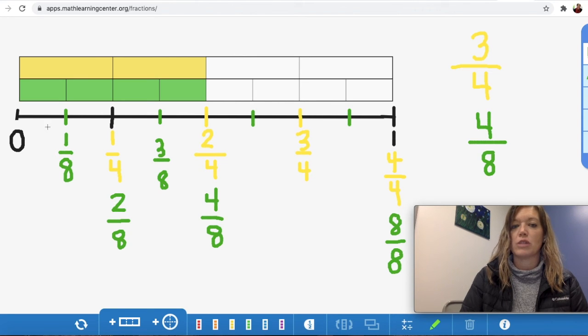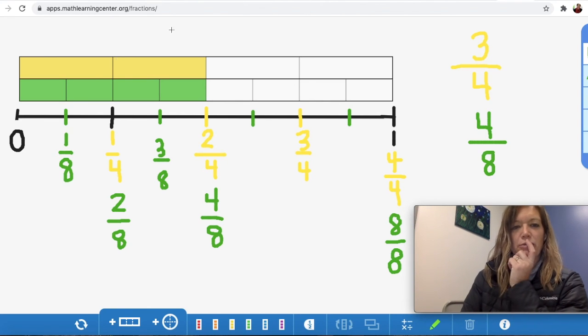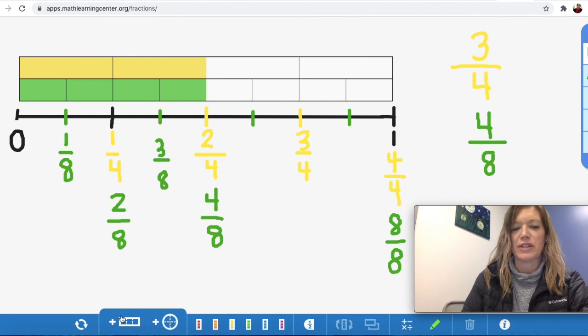So again, if I were to jump on my number line, just like I did when I had whole numbers instead of fractions, I could jump 1/8, 2/8, 3/8, 4/8, 5/8, 6/8, 7/8, and 8/8. You know what I was just noticing? That right now, when I have 2/4 filled in or 4/8 filled in, it reminds me of another fraction.